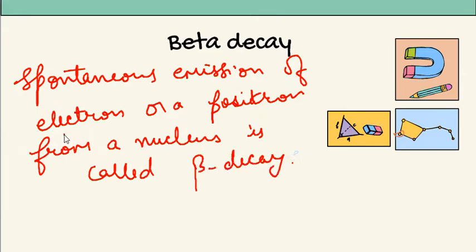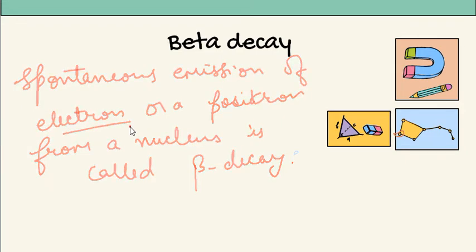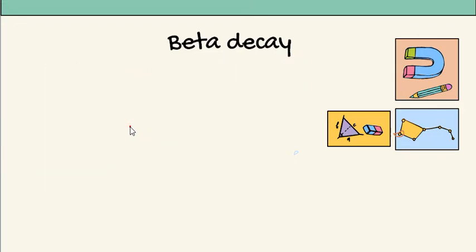Now here I have used the term electron, but radioactivity is something related to the nucleus. So where does this electron come from inside the nucleus? We will also discuss from where the electron comes out, but before that, let's understand the process.